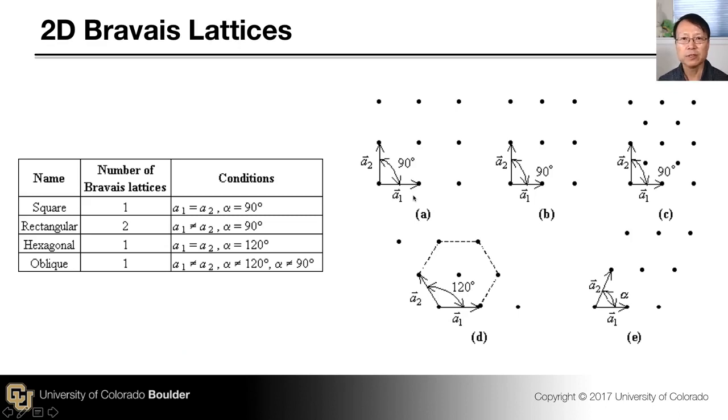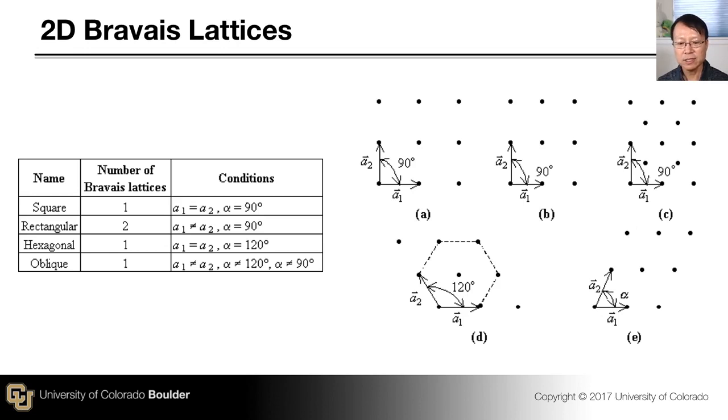In two-dimensional space, there are only 5 Bravais lattices, as shown here. So there is a square lattice, and there are two different types of rectangular lattice, as shown here. And then there is a hexagonal lattice, and then there is an oblique lattice. This is an example that I showed you in the previous slide.